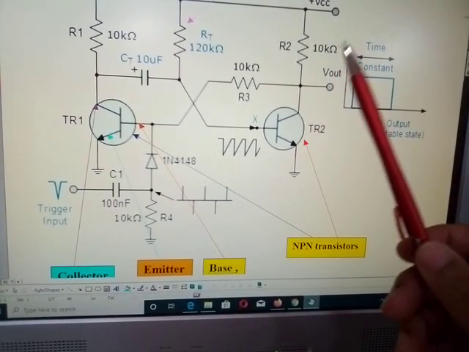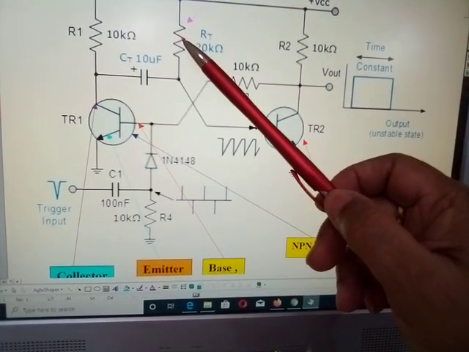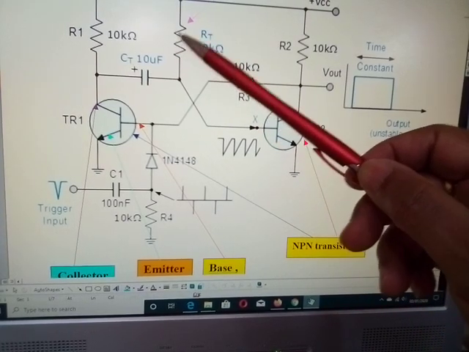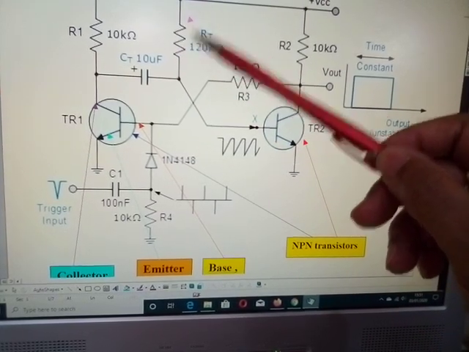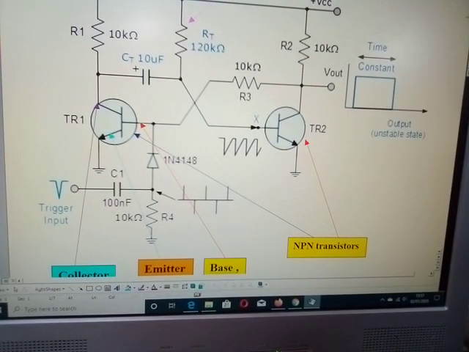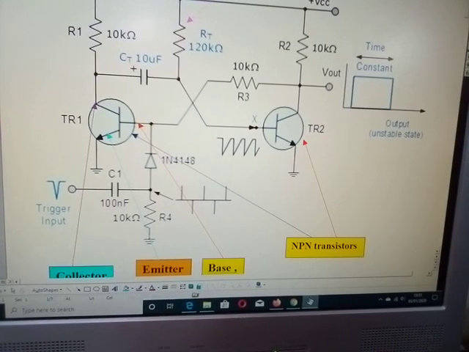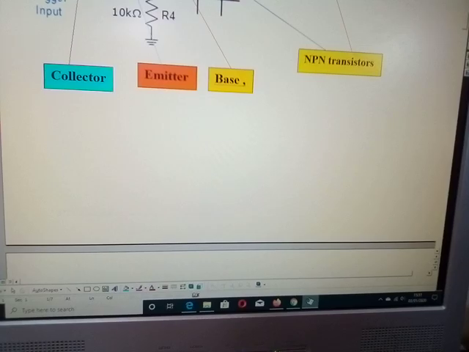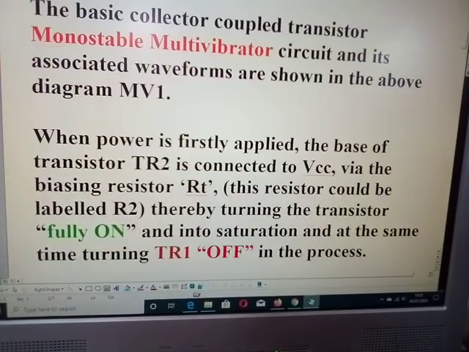This resistor here will be R2. This resistor here, RT, should remain as RT. For some reason, I try to refer to this as R2, but it's not. Treat it as RT. I did that for a reason earlier when I did other circuits, because it made more sense at the time. But look at this now, I can see that it can be a bit confusing.